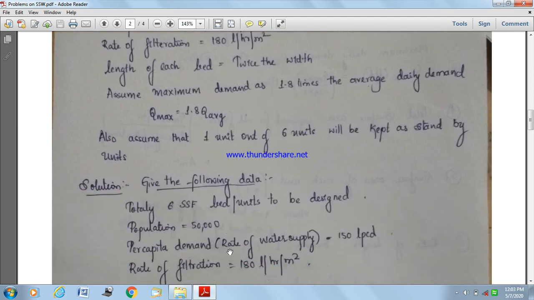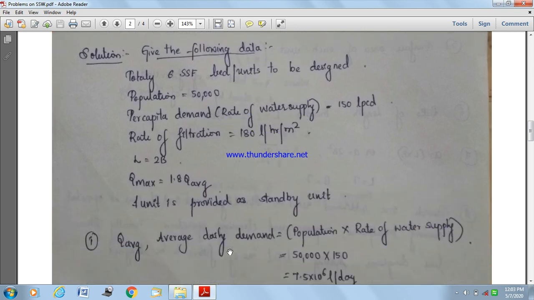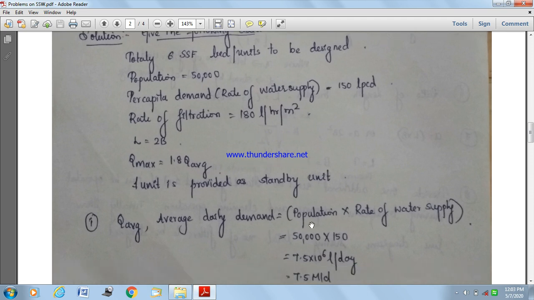So write all the data. Then, according to the design consideration, the first step is to find the average daily demand: population into rate of water supply.